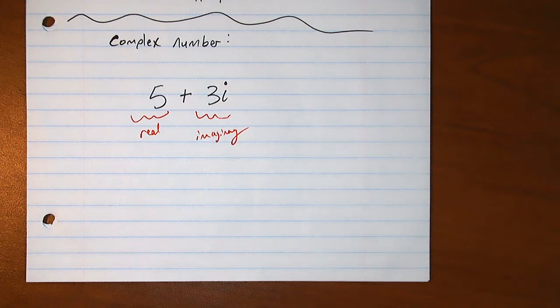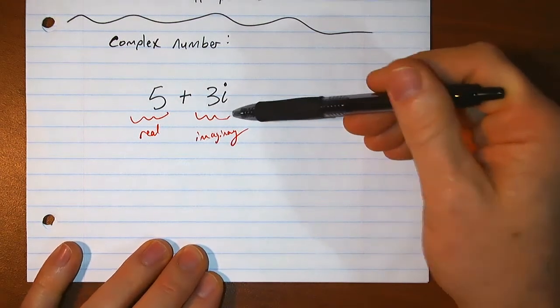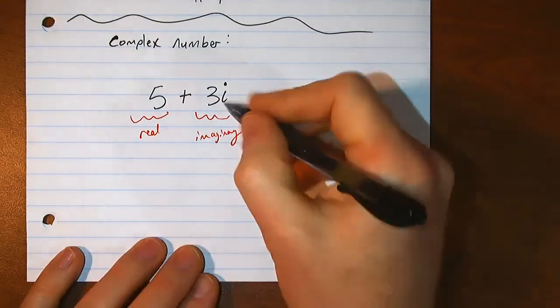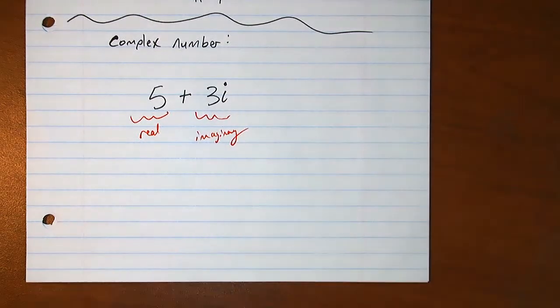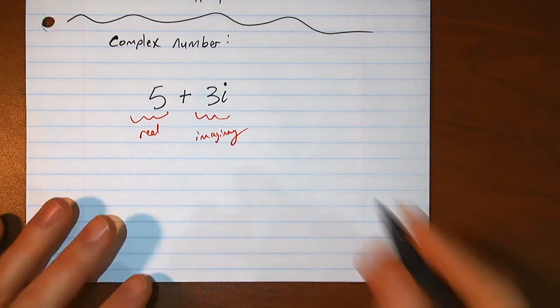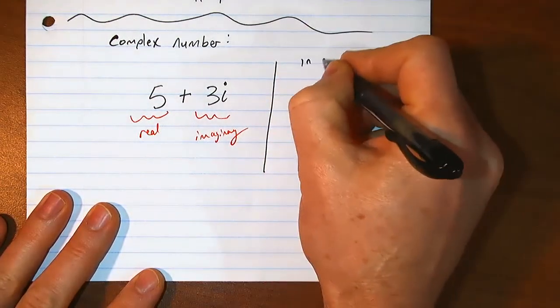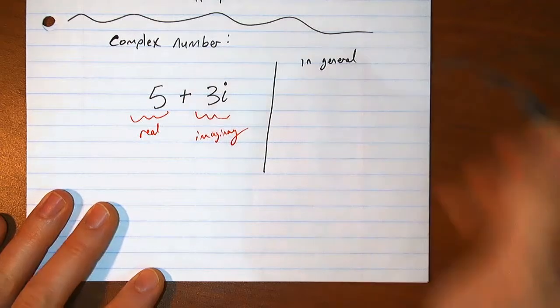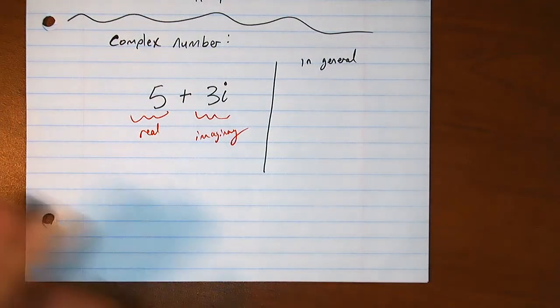And you'll remember from our last video when we talked about working with imaginary numbers, specifically multiplying them, that i can be treated like any variable. And that's going to be the key to this whole process. So I'm going to say this in general. This is an in general statement that's going to apply to all of our different operations that we're going to look at here today.